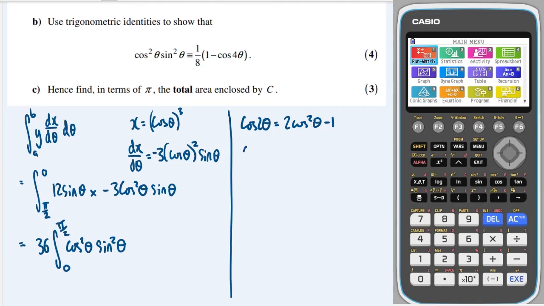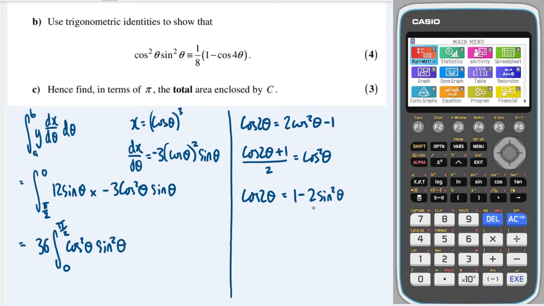So that's going to give me (cos 2 theta plus 1) over 2 is equal to cos squared theta. And I'm also going to use that cos 2 theta is equal to 1 minus 2 sine squared theta.